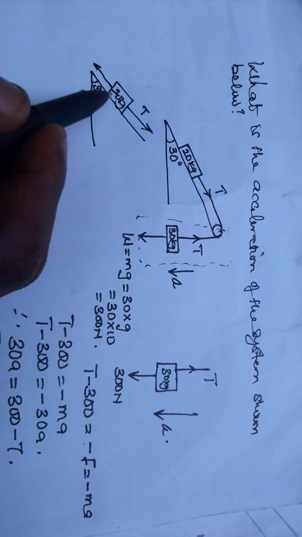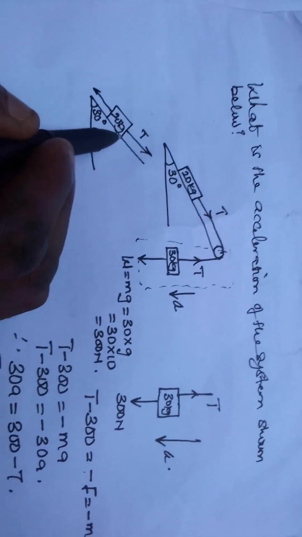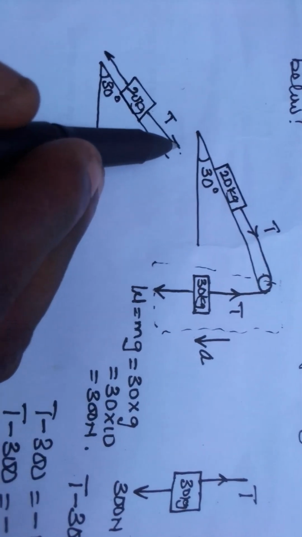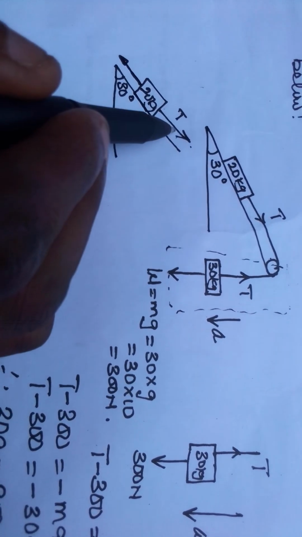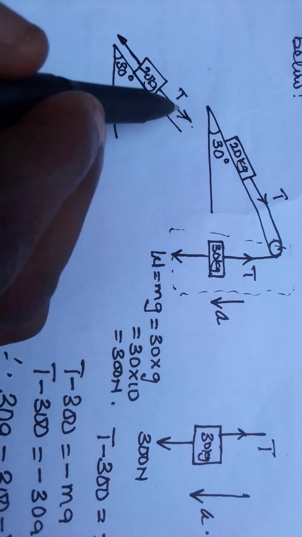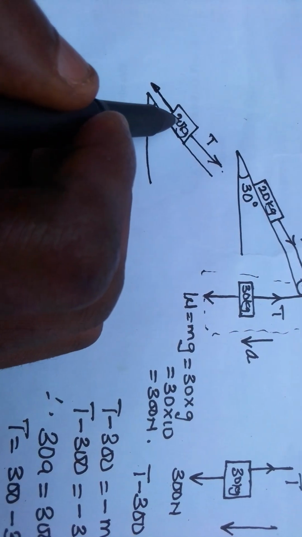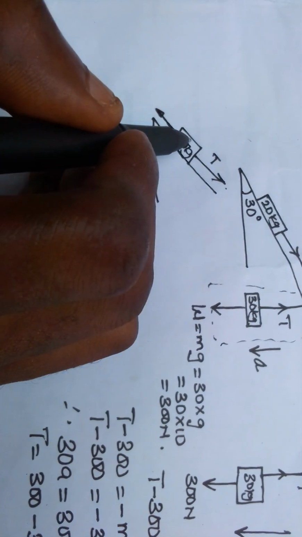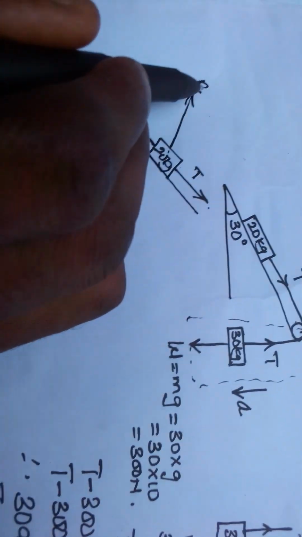In this case, since this force is pulling this body of 20 kilogram up the inclined plane, there must be a force along this line trying to counterbalance the effect of T pulling it up the inclined plane. We also have a normal reaction to the body on the inclined plane, which we call R. This is the normal R to the system.